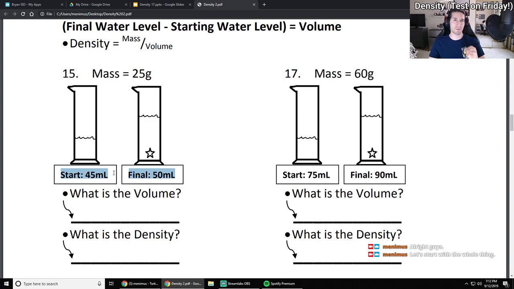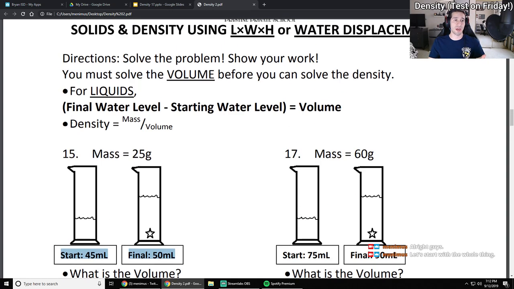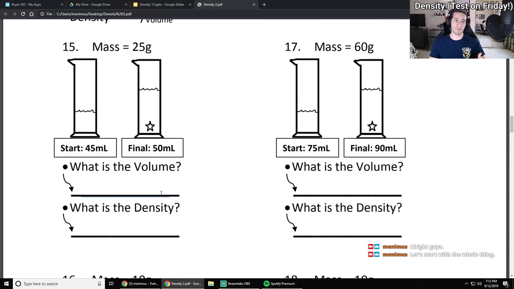I know it's a little bit abstract because you cannot see right now, but we worked it out in the lab and you guys found it fairly easy. So if you find yourself struggling with it, I highly recommend you go through this lesson over and over again until you find out how to calculate the density by finding the volume first. So technically, what you're doing here is finding the volume first to then be able to have mass over the volume that you're calculating.